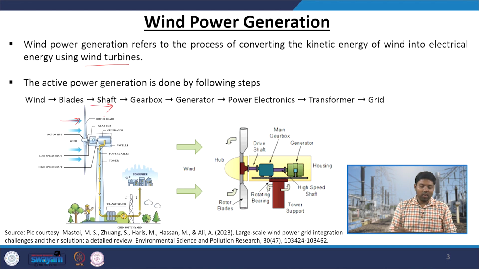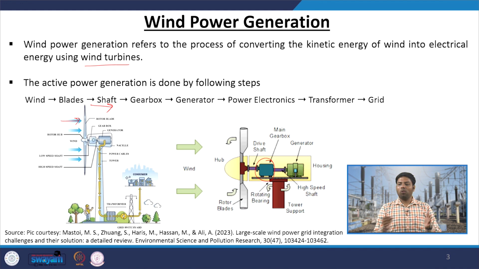then it will rotate a shaft that is connected to the blades. That shaft is now going to a gearbox. Now, what is the purpose of this gearbox? Generally you have noticed that the wind blades are very big, so the rotational speed of that wind blade or the shaft is very slow.